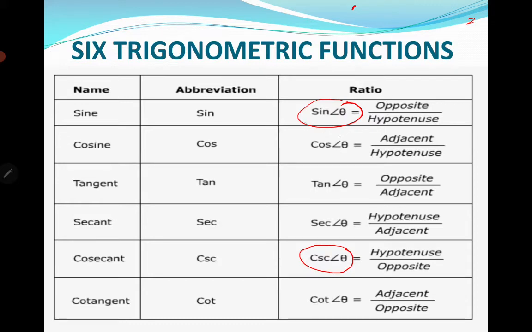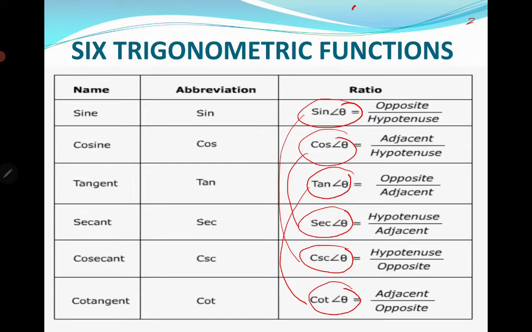Ang kabaliktaran niya ay si secant theta, which is hypotenuse over adjacent. Diba? And lastly, ang tangent natin, which is opposite over adjacent, ang kabaliktaran niya ay si cotangent theta, which is equal to adjacent over opposite.